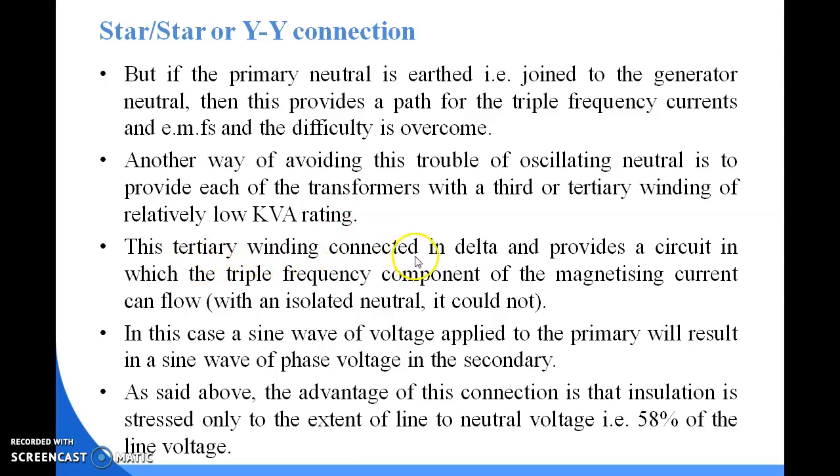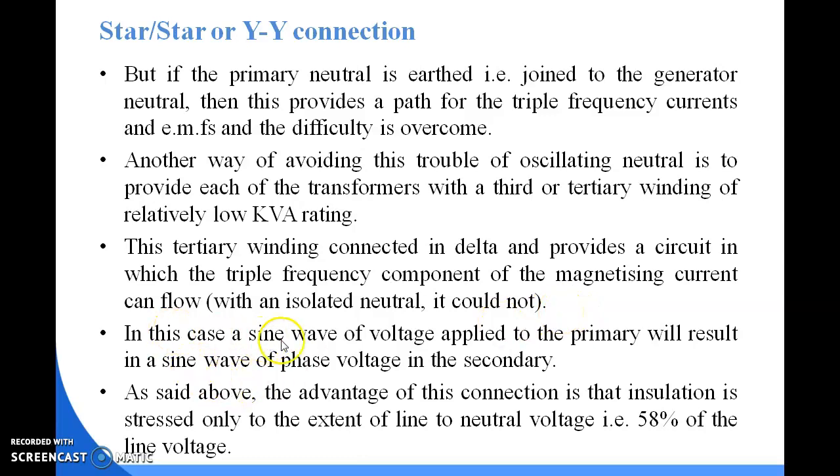This tertiary winding is connected in delta and provides a circuit in which the third harmonic component of the magnetizing current can flow, whereas with an isolated neutral it could not flow.